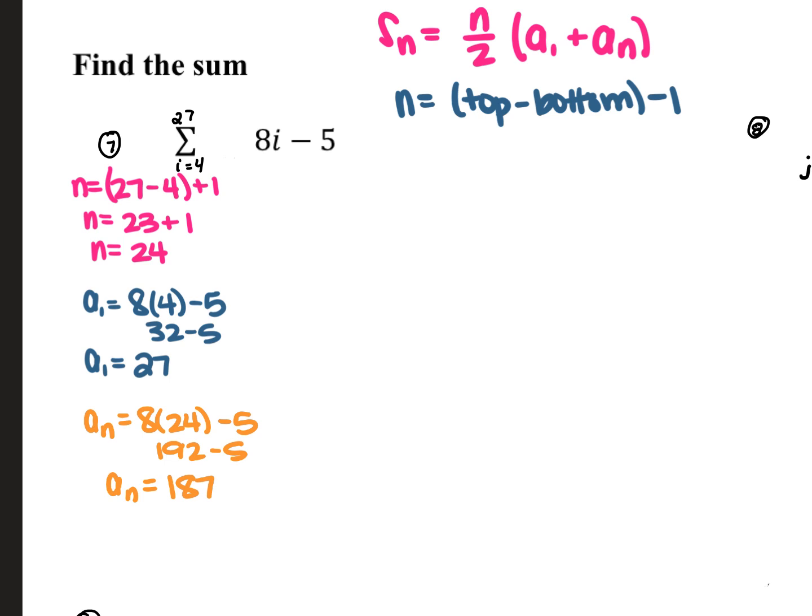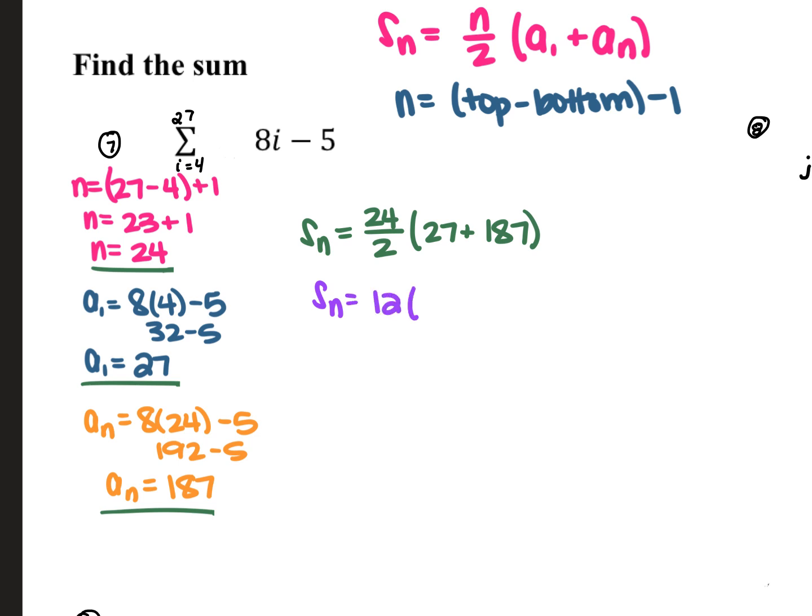So now take these three terms, n is equal to 24, a sub 1 is equal to 27, and a sub n is equal to 187, and plug them into the formula. You're going to have S sub n is equal to n, which is 24, over 2, times a sub 1, which is 27, plus a sub n, which is 187. Your 24 divided by 2 gives you 12.